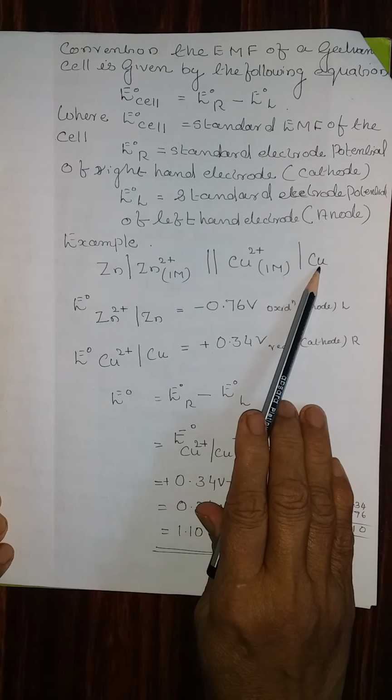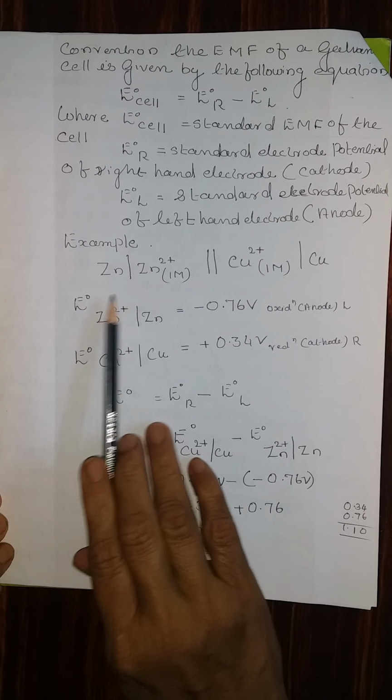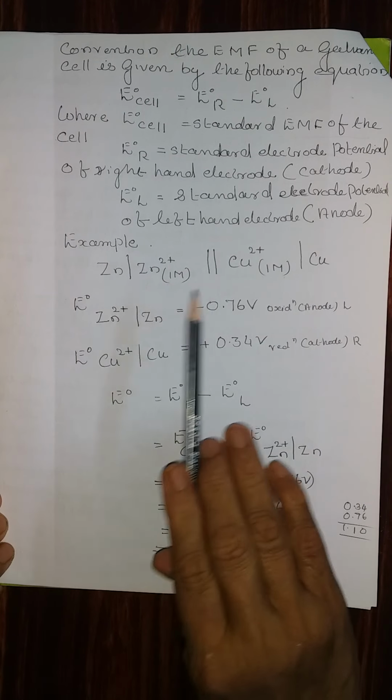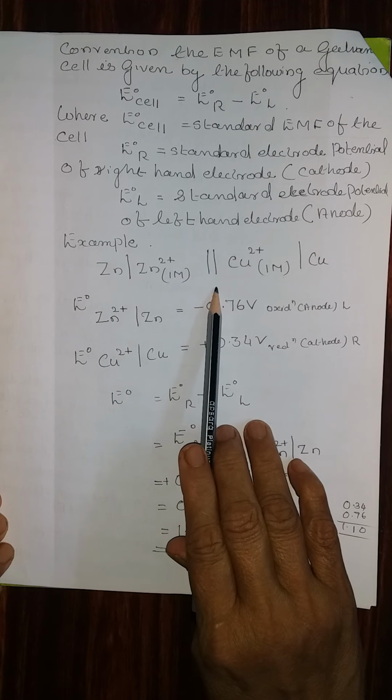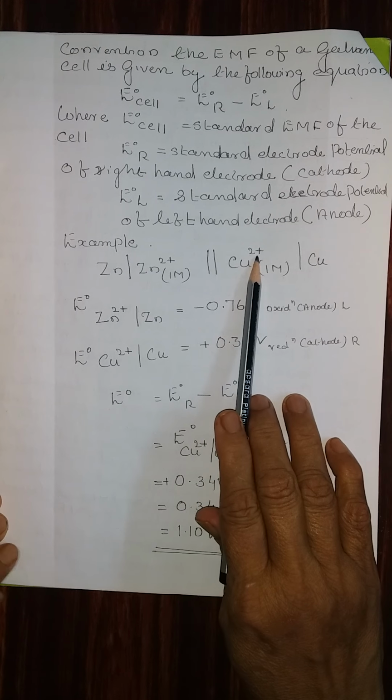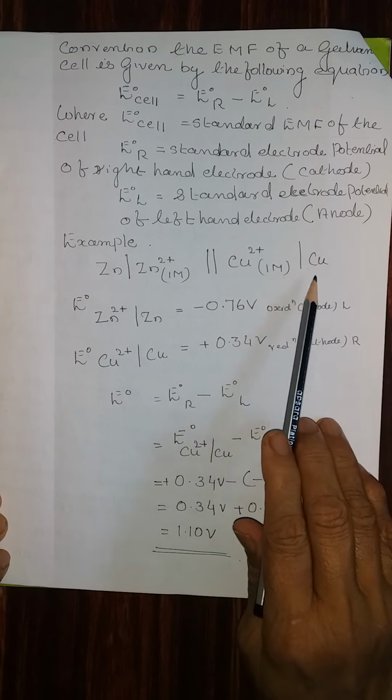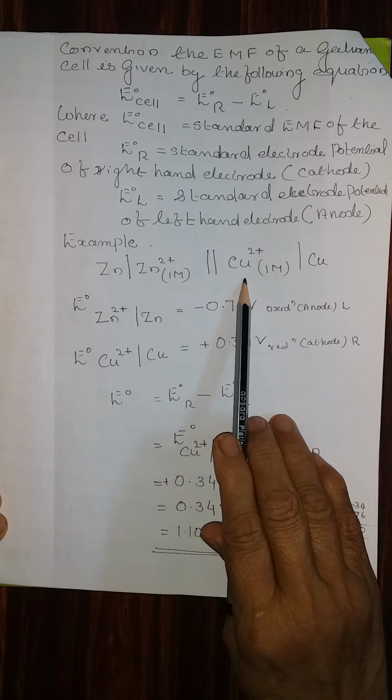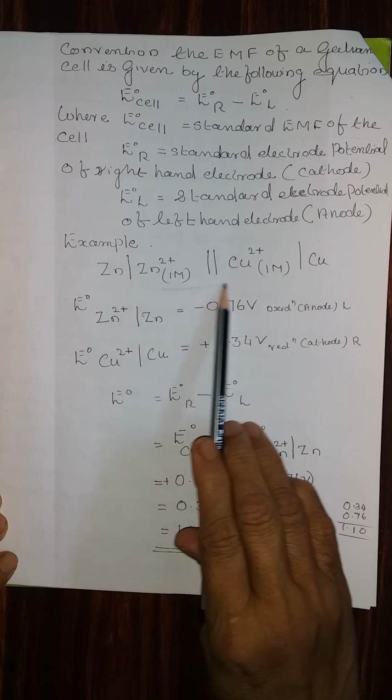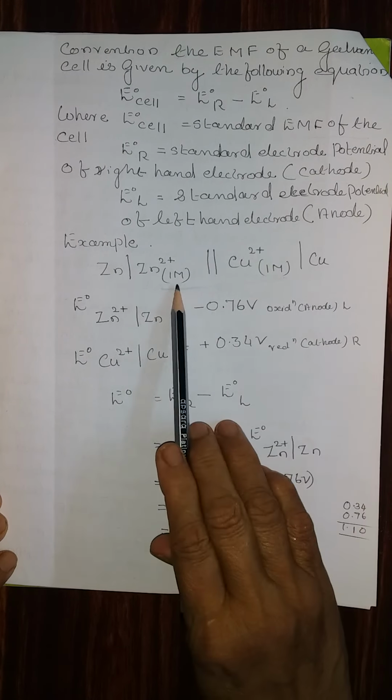An example is given: zinc in zinc ions, separated by a salt bridge, and Cu2+ ions with a copper electrode. Both the concentrations are 1 molar.